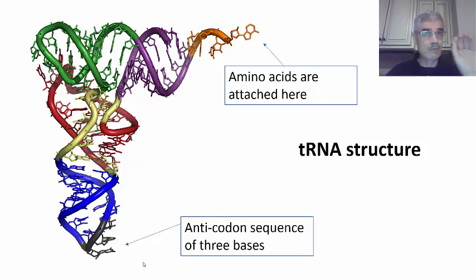Again, we're talking about a code from one language to another, essentially. And the part of the code reading process is that we have an anticodon set of three nucleotides at the bottom of transfer RNA. Those anticodon nucleotides are complementary to the codons in the messenger RNA. That is the way they line up so that we get the proper amino acid being attached in the growing chain.